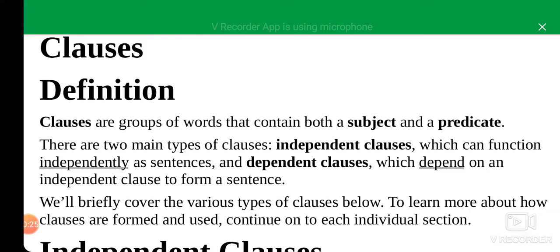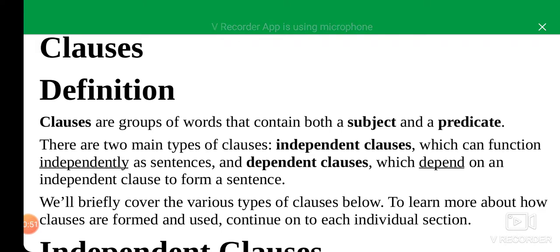If you understand clauses, it shall be easier for you to understand the rest of the structures in English grammar. It will be easier for you to understand the types of sentences, for example, complex sentences, compound sentences, and simple sentences. It shall also help you to understand the conditional sentences.